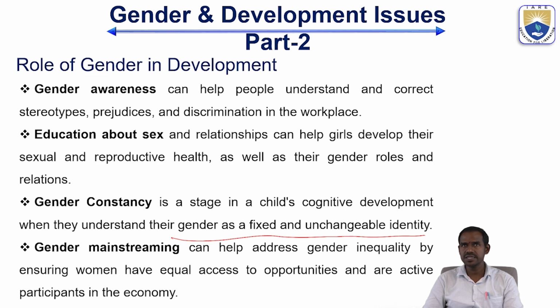And the fifth way that I have shown is gender mainstreaming. It can help address gender inequality by ensuring women have equal access to opportunities and are active participants in the economy. Gender mainstreaming means both the genders are equal, male and female, men and women, boys and girls, and also masculine and feminine are equally important.